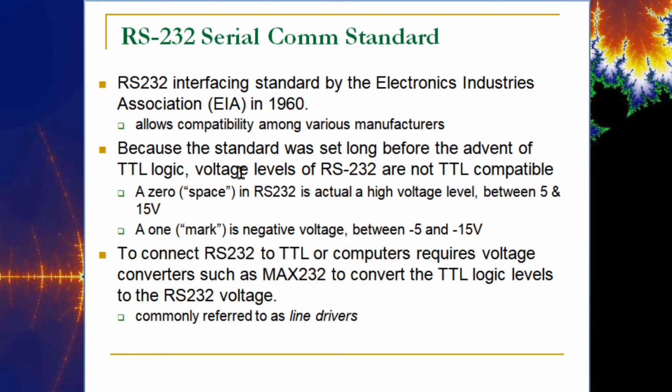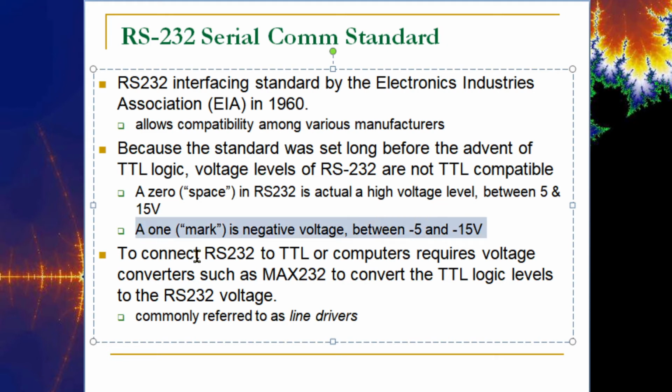It says, because the standard was set long before the advent of TTL logic, voltage levels of RS-232 are not TTL compatible. And this has always been kind of backwards to me. A 1, or what we call the mark, is a negative voltage between -5 and -15, or it could be -3 and -15, depending on which book you read.